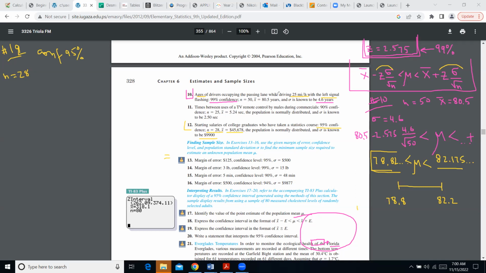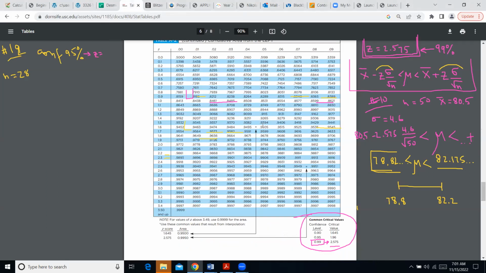But again, once you see the level of confidence, you need to know the z-score that will come out from that level of confidence. And to get a z-score, we already know that I just need to look at the tables, where there is a summary on the bottom of this table with confidence levels.